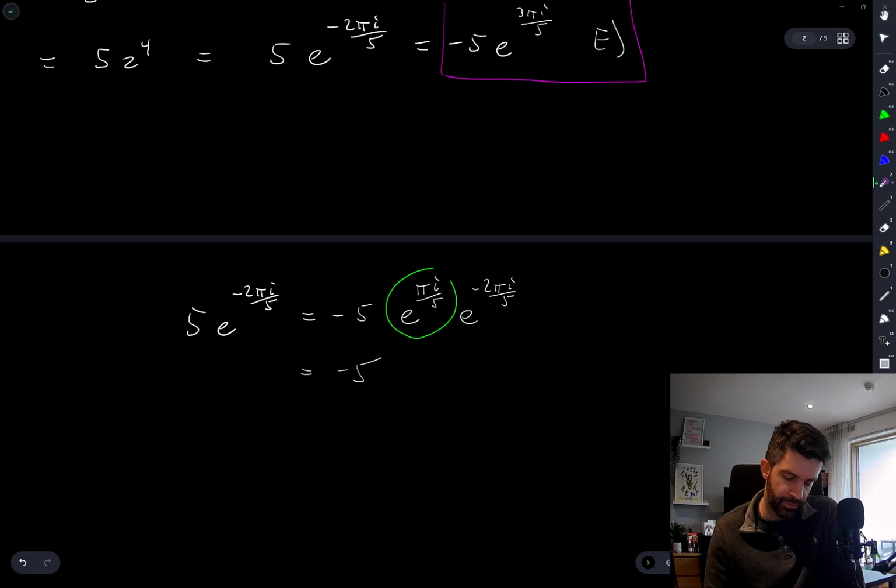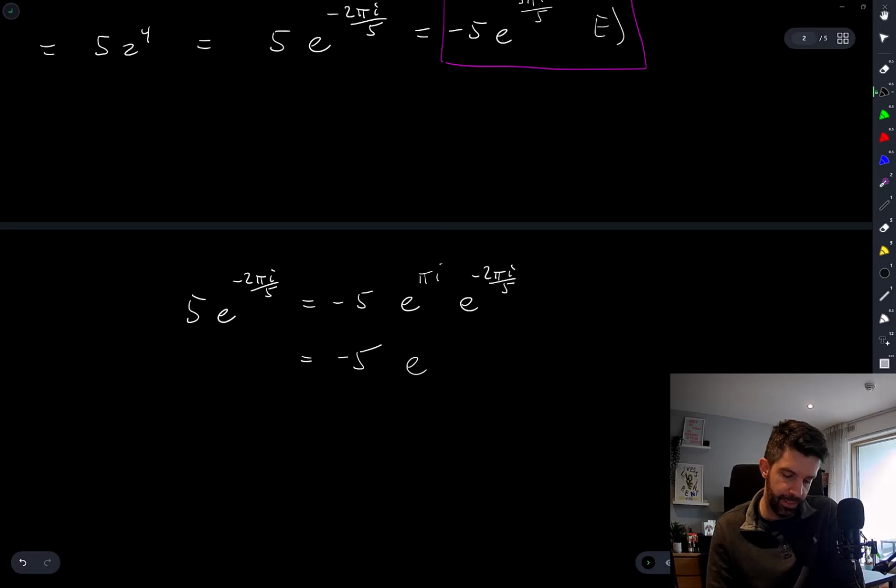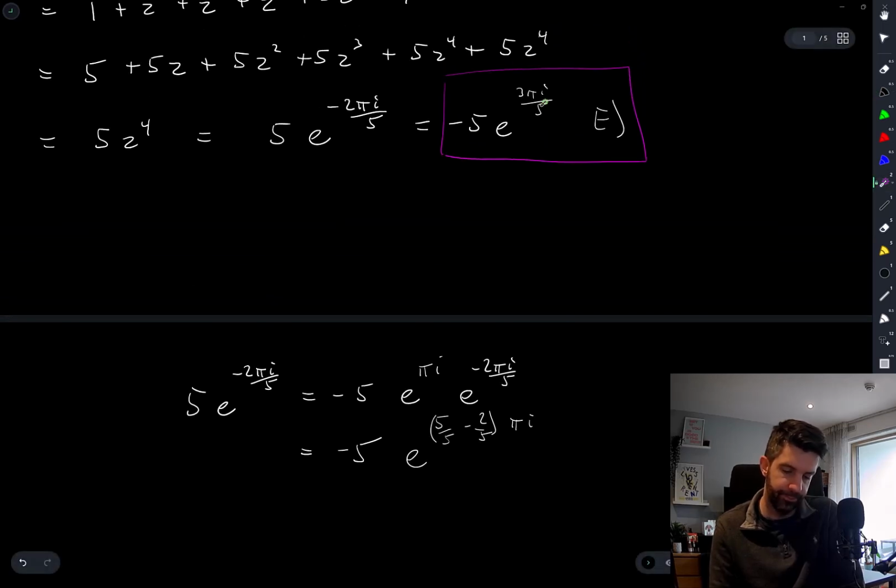So that's negative 1, right? No, it's not. Oops. Should be just times pi i. So we have e to the 5 over 5 minus 2 over 5 pi i. Yeah, which is 3 over 5. So that's the answer. Nice little problem.